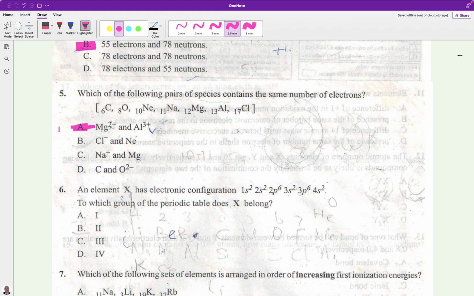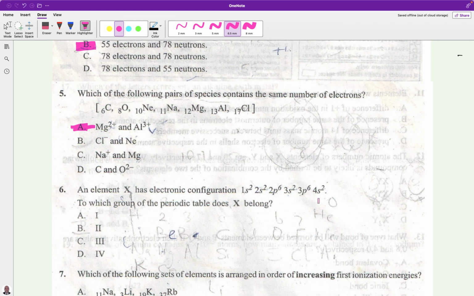Question number 6. The element X has electronic configuration 1s2, 2s2, 2p6, 3s2, 3p6, and 4s2. To which group of the periodic table does X belong?